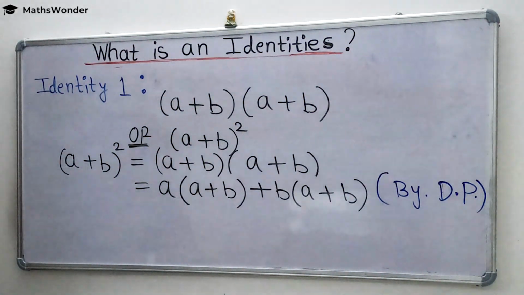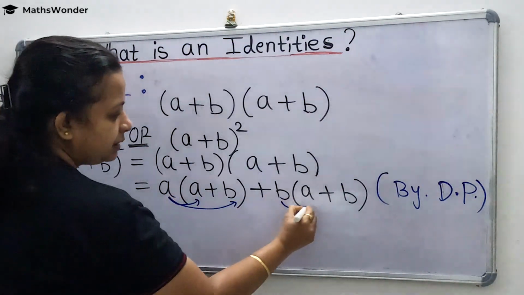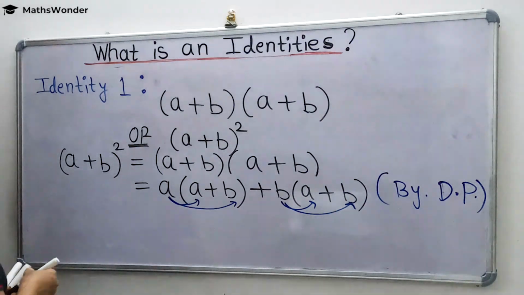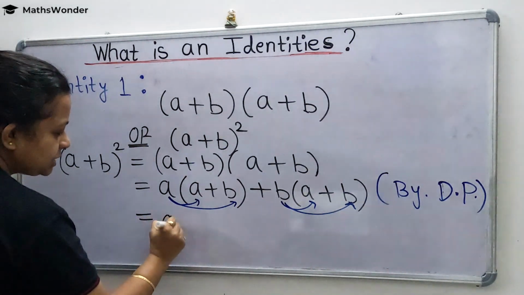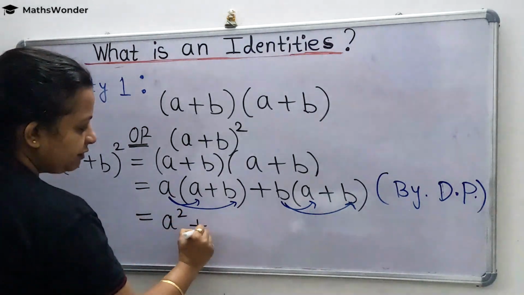So now you know how to solve it, right? Distributive property. This part multiplies with this part, right? Now do it. A times a will be a square, right? A times b will be ab.